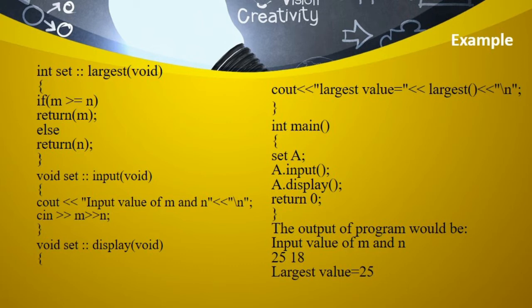So the largest function is called inside the output statement. So the value 25 is printed, and again the execution returns to the main function, and once the curly braces is closed, the execution ends.